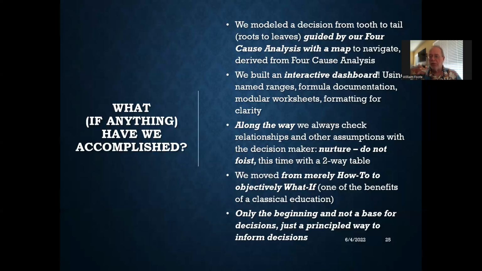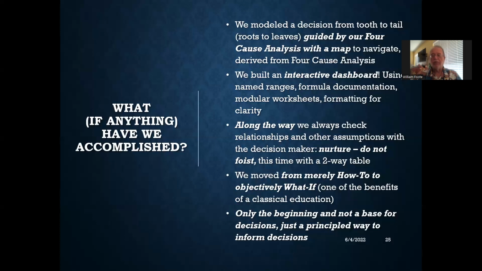Again, we're always going to use some version of the 4-cause analysis to help us through the process. To make sure we're asking all of the questions before we zoom in on a few focus areas. That's very good. Interactive dashboard, we built a whole new one. Named ranges, formula documentation, modular worksheets, and formatting for clarity and transparency.